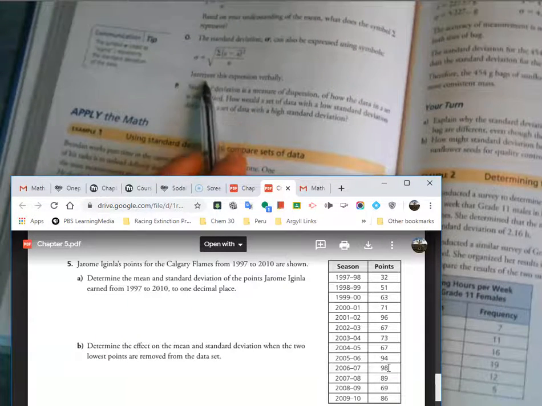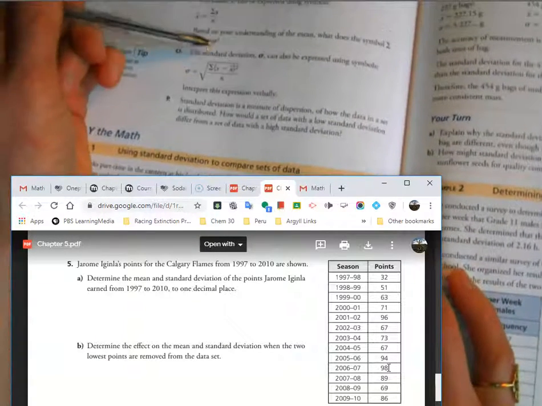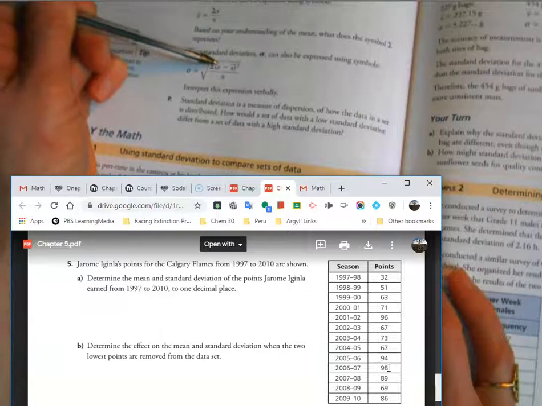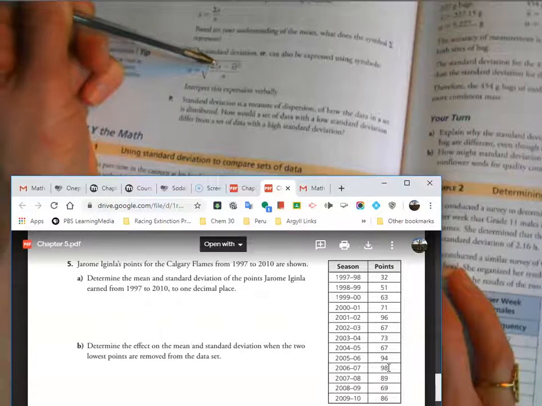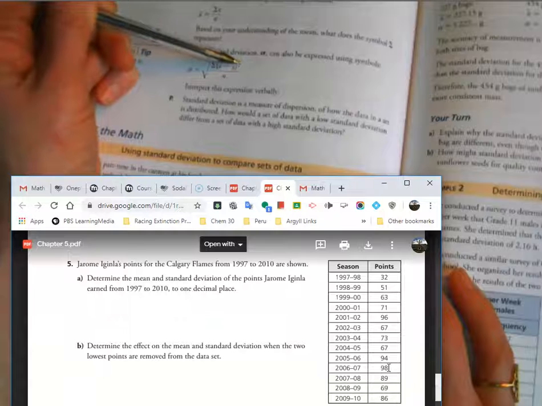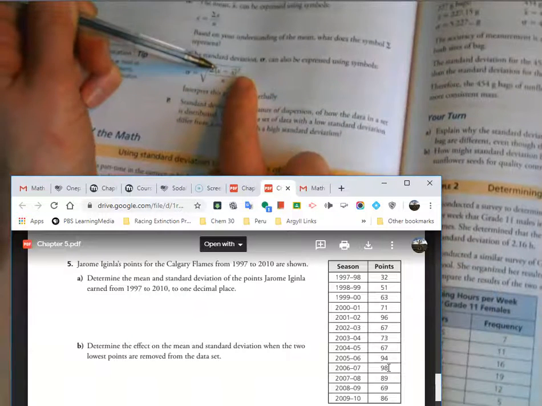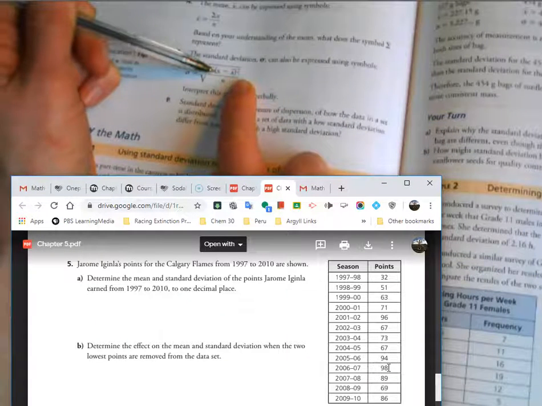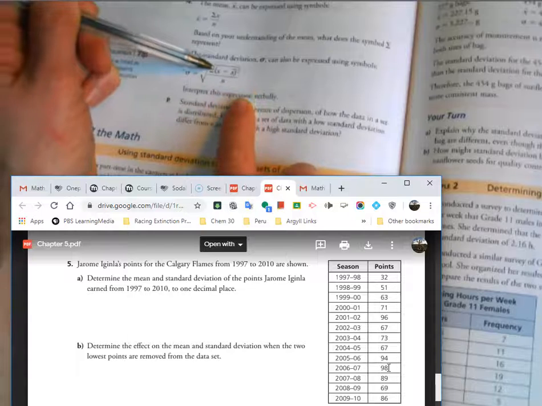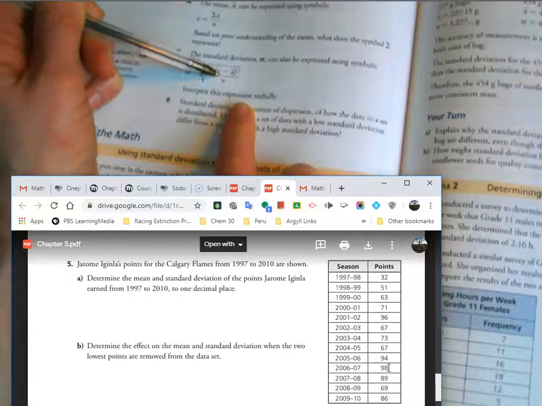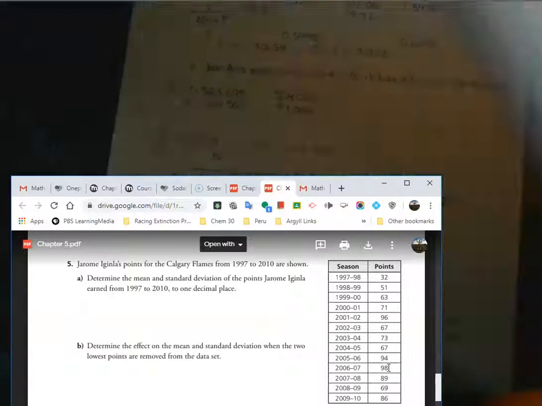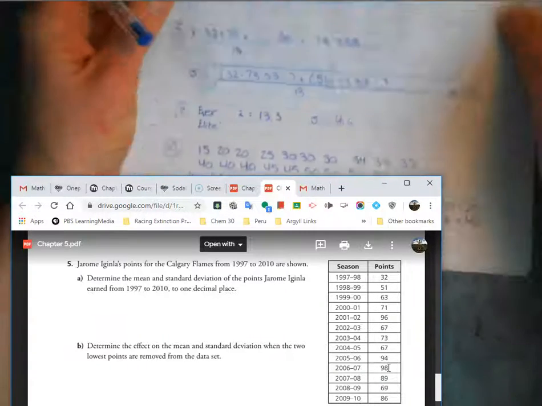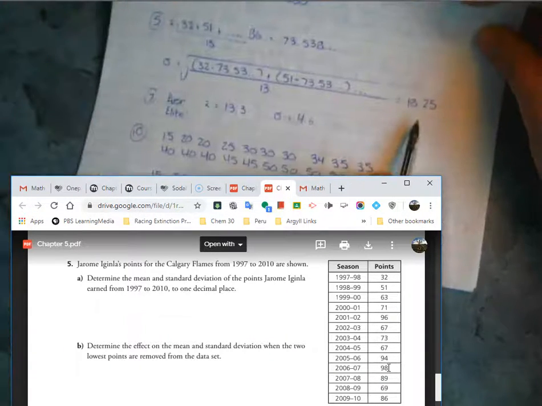It's the sum of each one of your data points minus your average, squared. For each data point you do that, then at the end you add all those values together and divide by the number of data sets, and that gives you your standard deviation. So at the end I got 18.25.